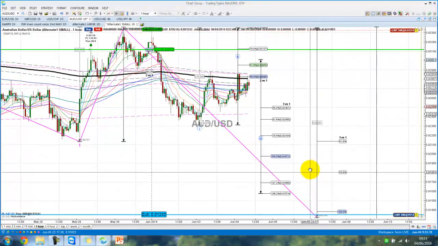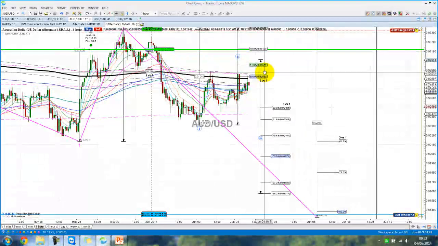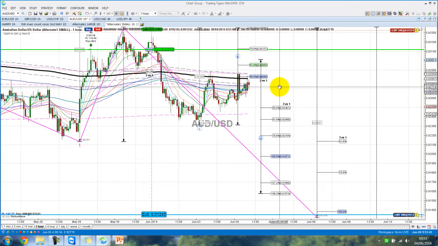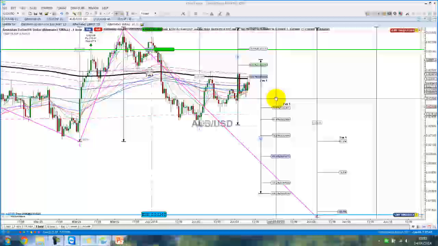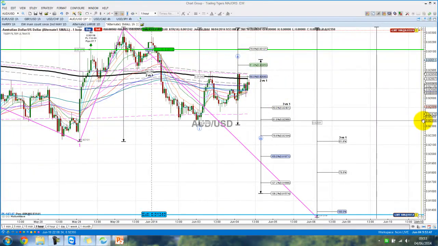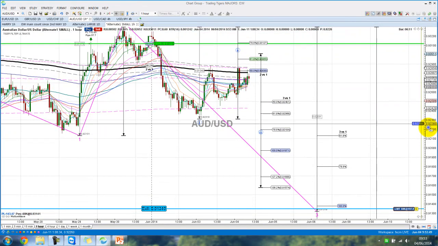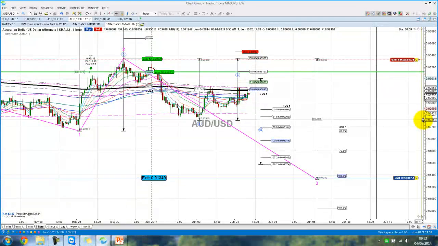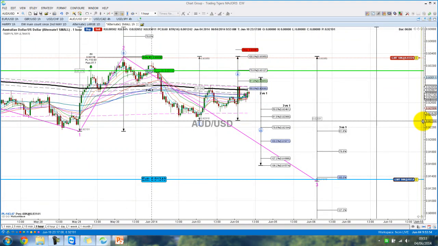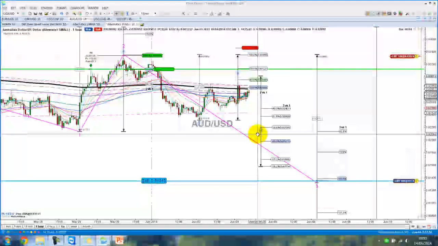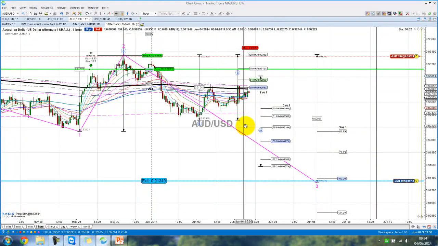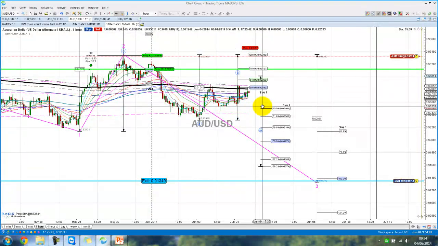Now, if I was going to get into a potential trade right now, I'd be looking to go short. Where can we go short? We could probably go short somewhere around this low.